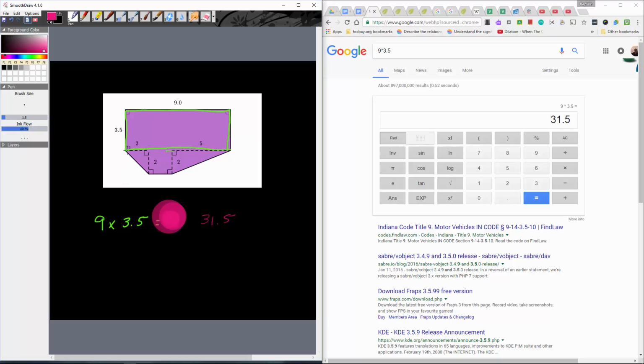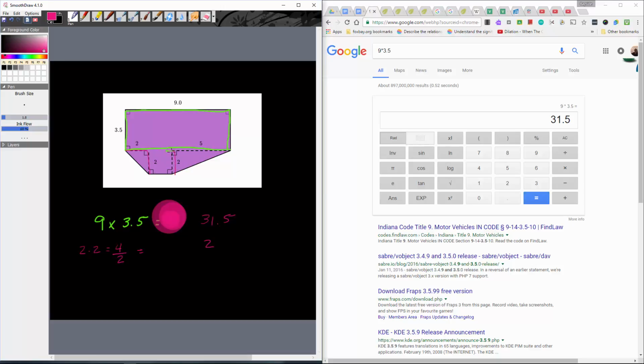The next one I want to do is this shape here. So I have a 2 by 2, right? And we know that the formula for a triangle is base times height divided by 2. So I'll take 2 times 2 equals 4. And then I'll divide that by 2 because it's half of a square, right? So that will equal a grand total of 2. I'm going to do this one here.